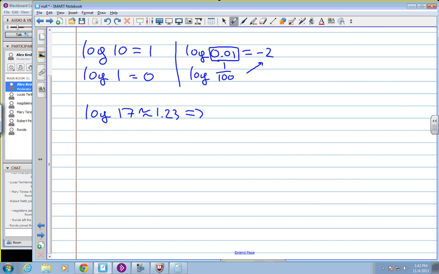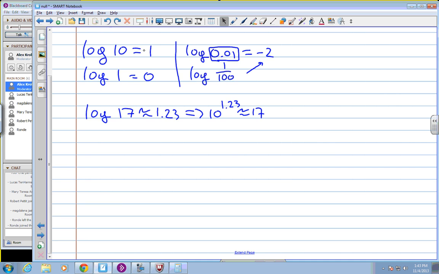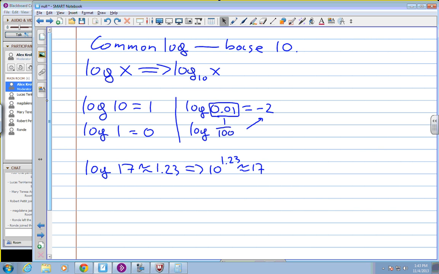So this means if I take 10 and raise it to the power 1.23, I'll get something really close to 17. And if I do that, 10 to the power 1.23, I get 16.98, and that's the rounding error there. So this is your common log or log base 10. So we don't write base 10. Is that okay?